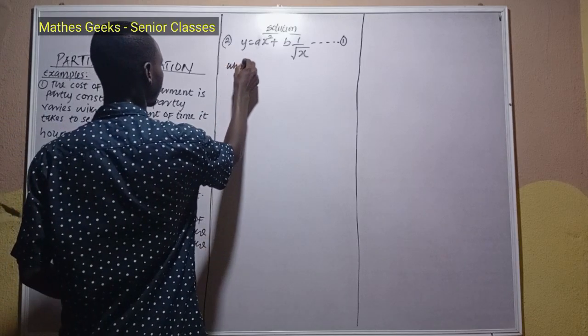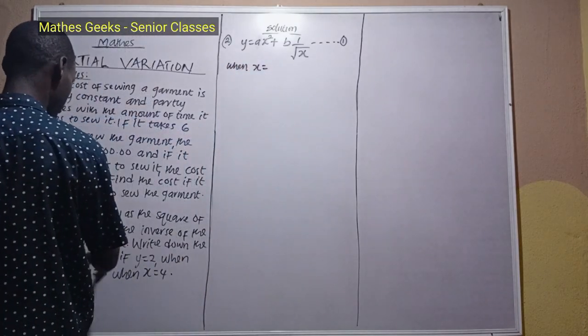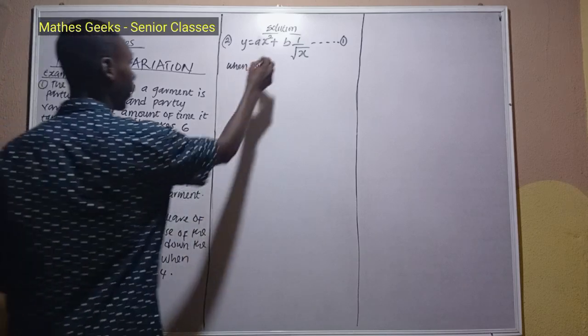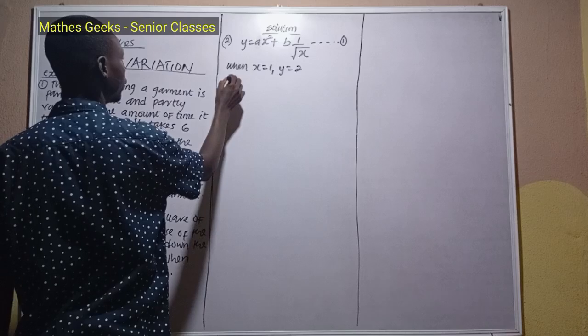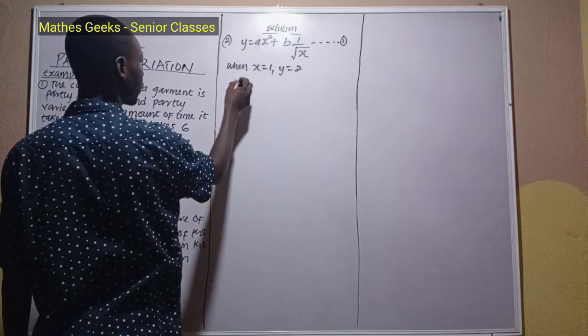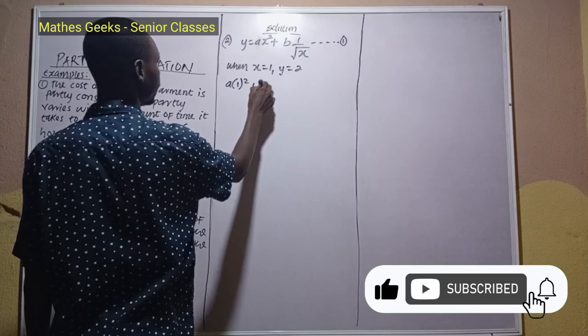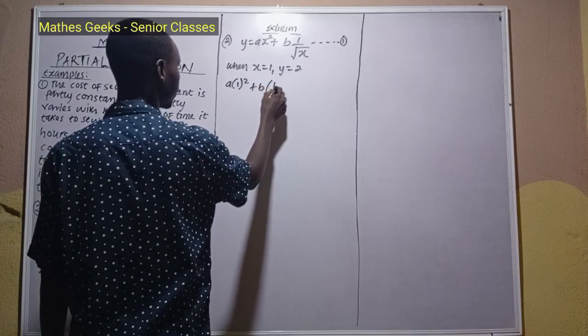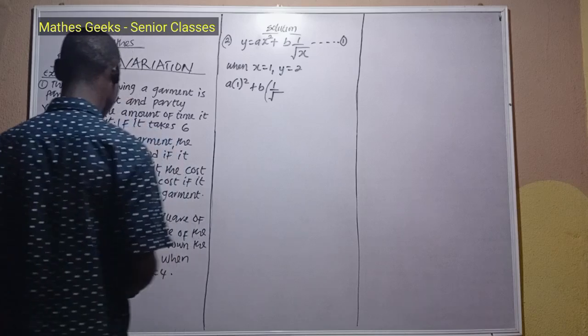So when x is 1, y is equal to 2. So 2 equals a times 1 squared plus b times 1 over root 1.